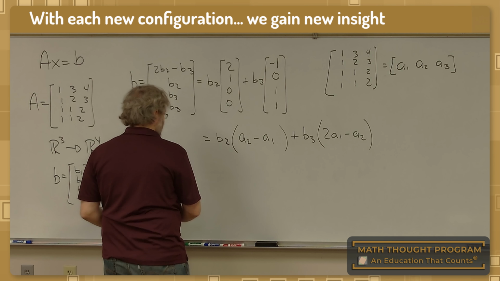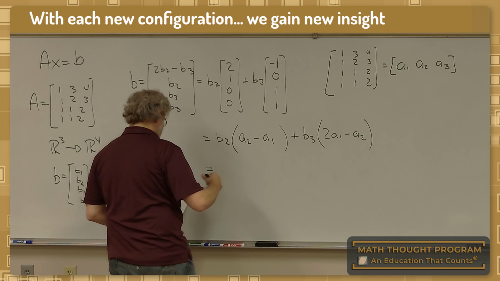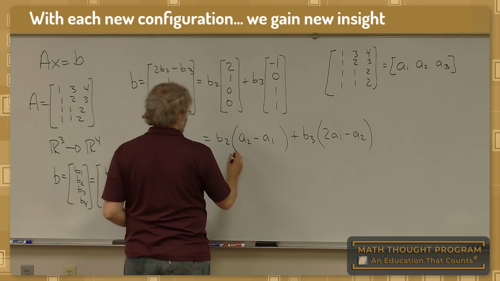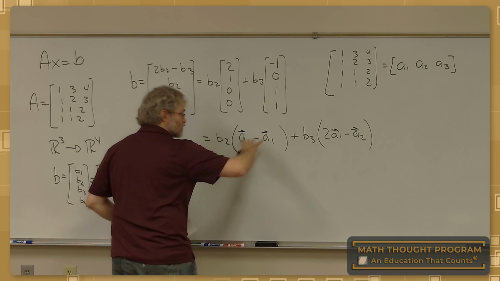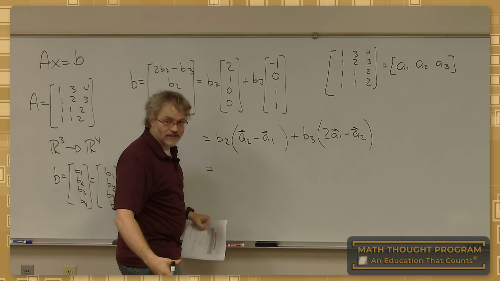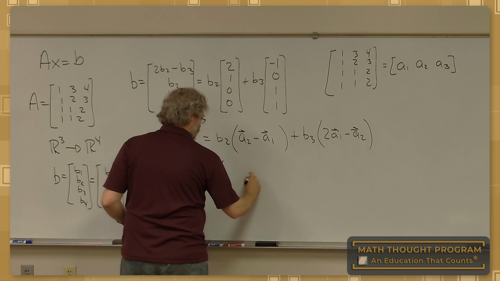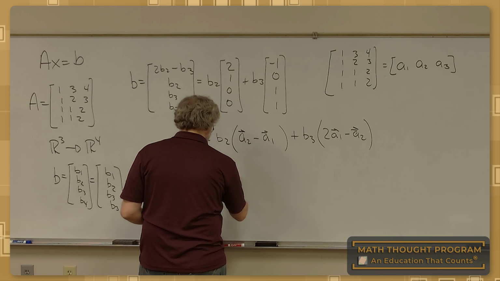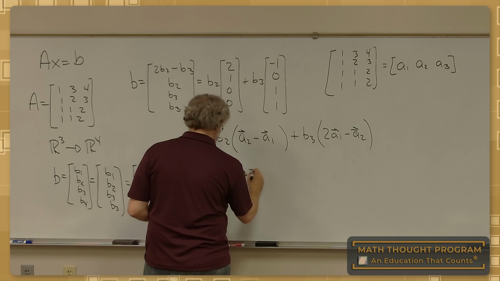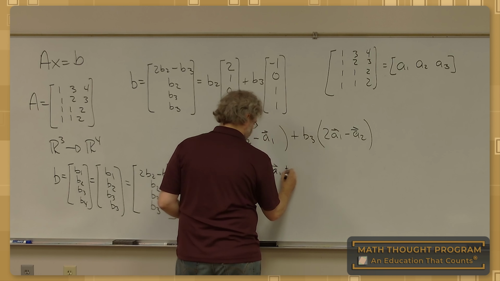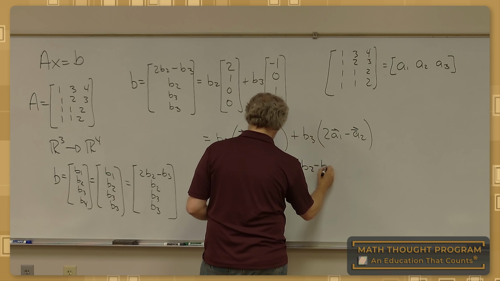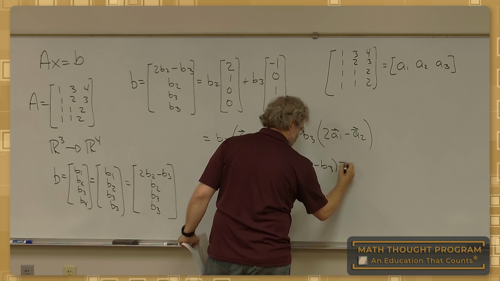And what if I was going to take this and reformat it just one more time? Because again, these are vectors. B2 and B3, those are constants. They're some kind of scalars. And I can reformat it as 2B3 minus B2, vector A1, plus B2 minus B3, vector A2.